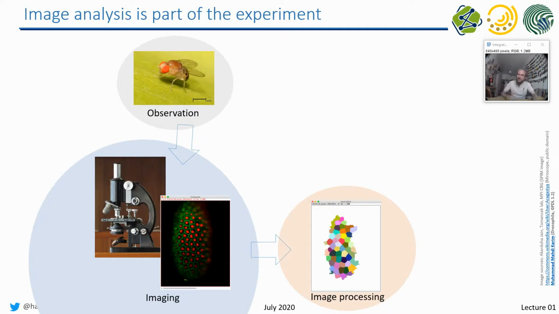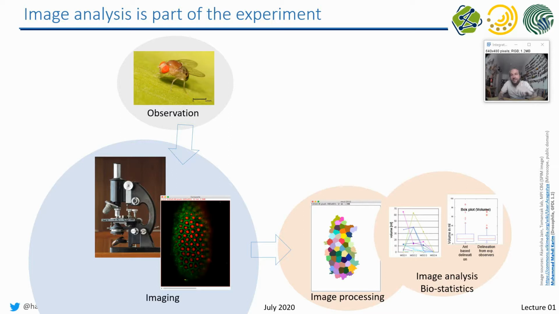For example, here you see a label map, a parametric image, an abstract representation of the scene we have observed with the microscope. And then we do image analysis in order to turn this abstract representation image into non-image data. For example, in a box plot describing how large cells are in different regions or in different animals.